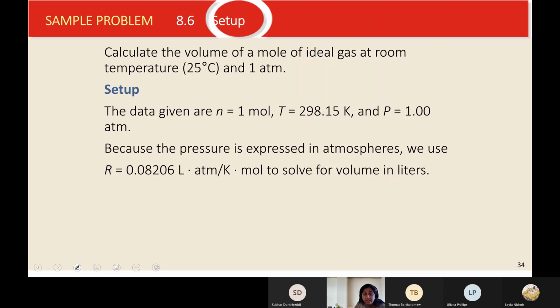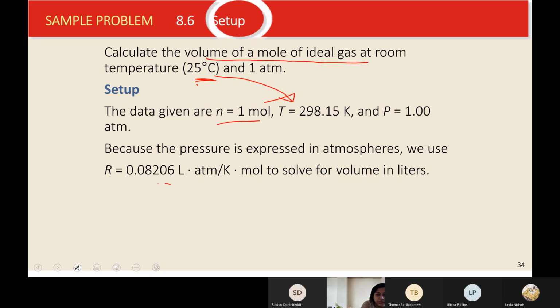Based on that, now we need to find the volume of a mole of an ideal gas at a temperature of 25 degrees Celsius and 1 atm. According to the data, the amount is 1 mole, the temperature changed to Kelvin is 298.15 Kelvin, and the pressure is 1 atm.